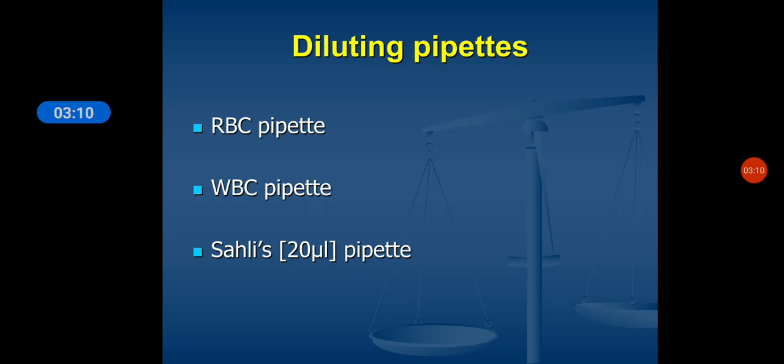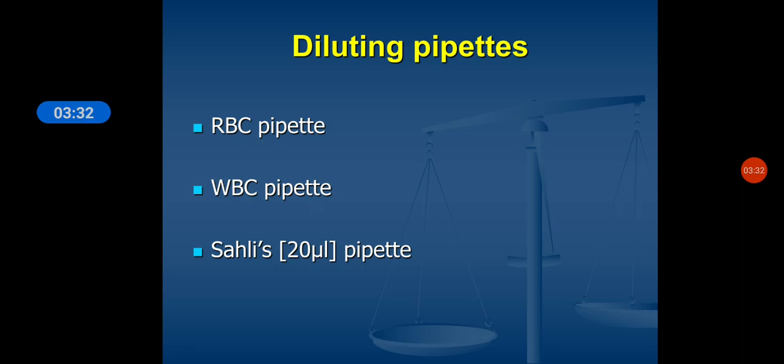The diluting fluid used for RBC is Hayem's fluid, and for WBC it is Turk's fluid. RBCs require more dilution, around 1 in 200, and for WBC it is 1 in 20.